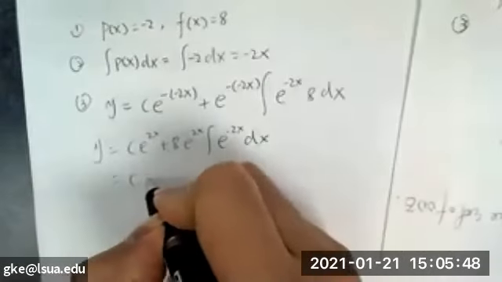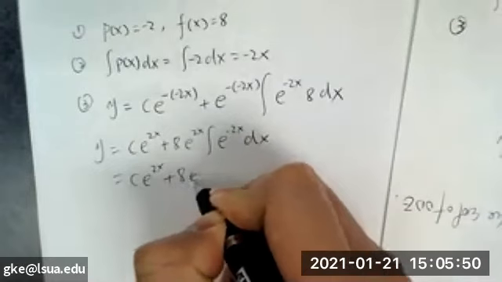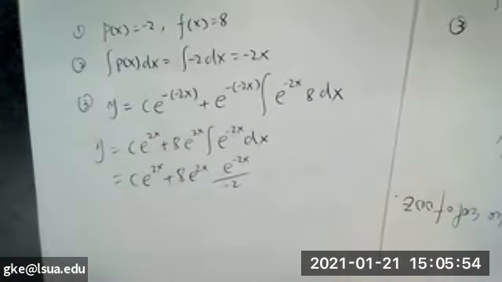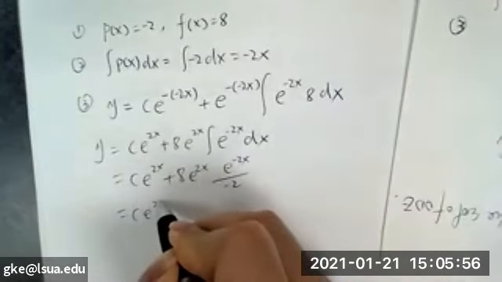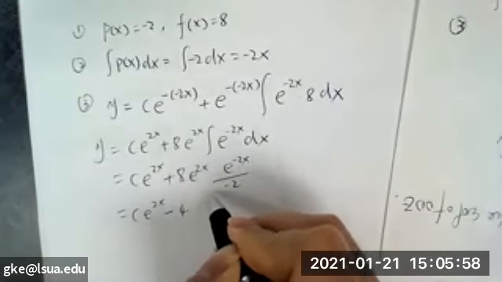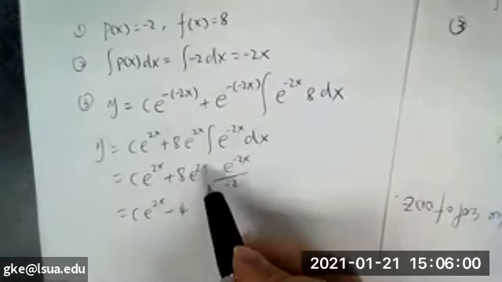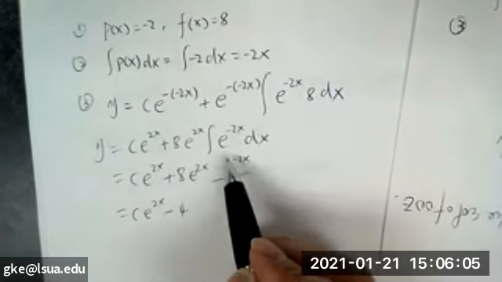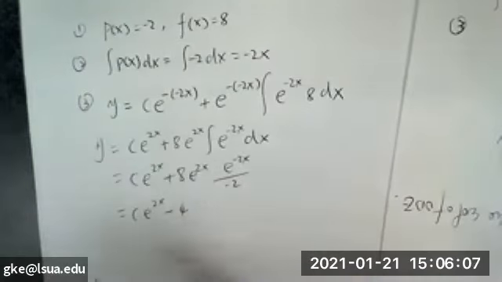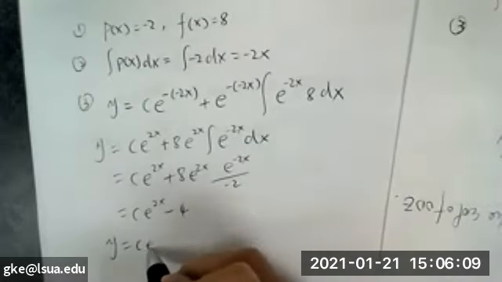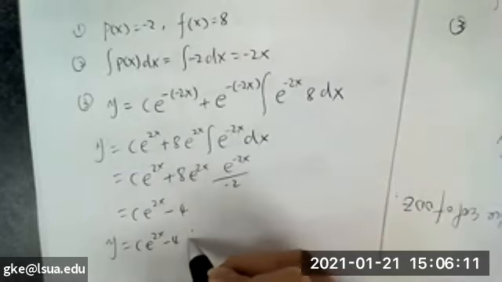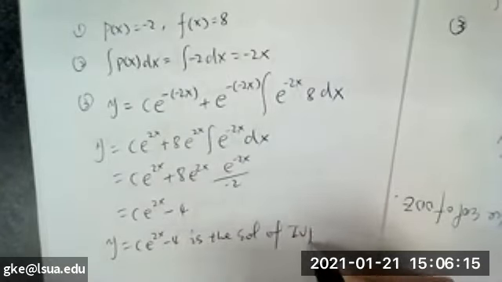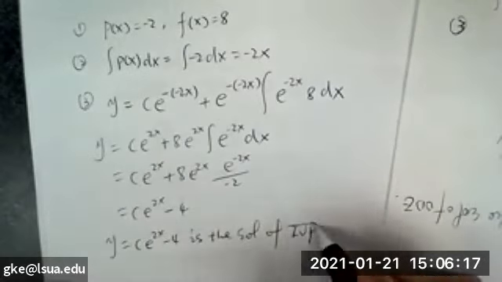And again, we have what? Okay, e to the power 2x times e to the power negative 2x, going to be 2x minus 2x, e to the power 0 should be 1, right? So y equals this guy is the solution of ODE.